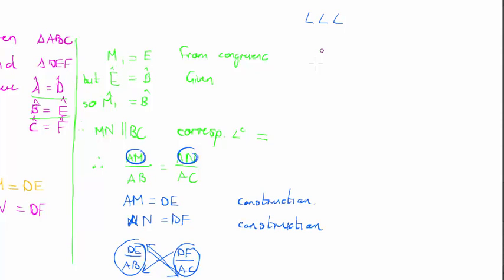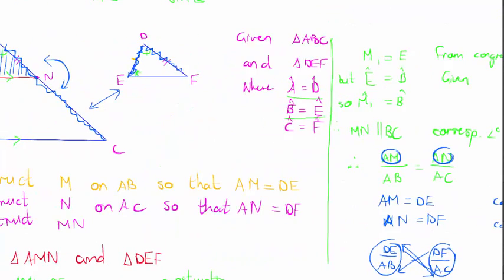So if two angles are equal, the third angle has to be equal. So if I get two angles equal, I know already it's similar. Now I just need to show that one side length in the two triangles is equal to another side length in the other triangle. If that's the case, like in this case, you can see it's not true.